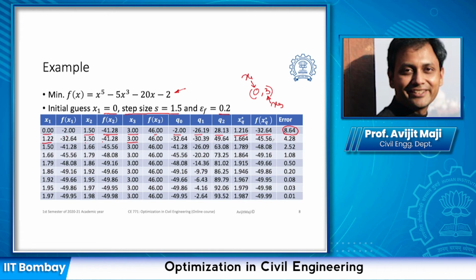So at this point now we'll see that the error has reduced to 4.28, and if we continue this process, we'll see that after a while our error can be reduced to 0.2 at this level. If you go one more step, the error is going to be 0.08, which is less than the error which we want to achieve. Hence we can stop right here.